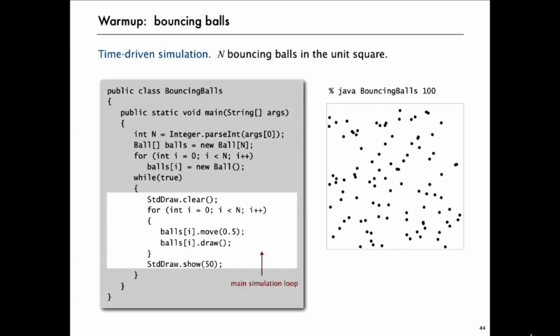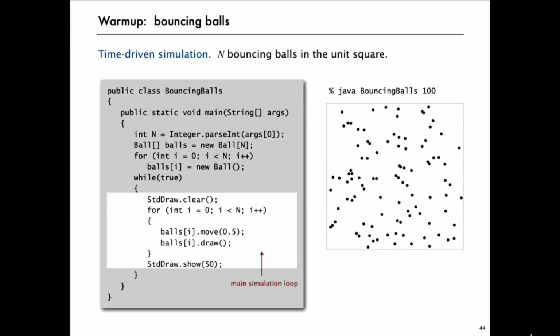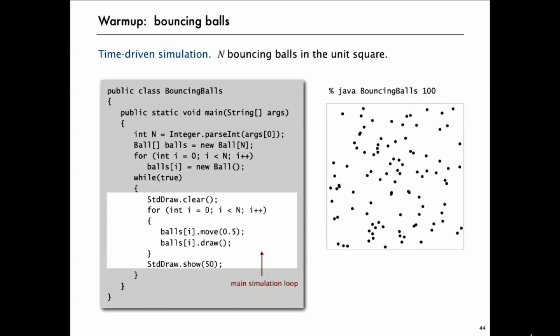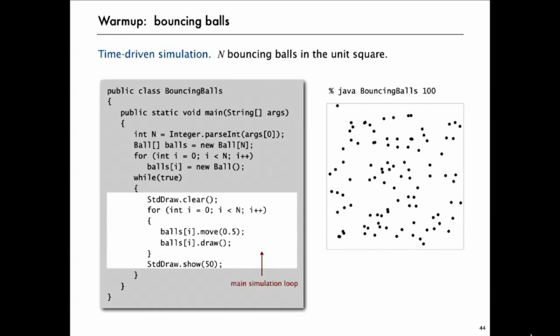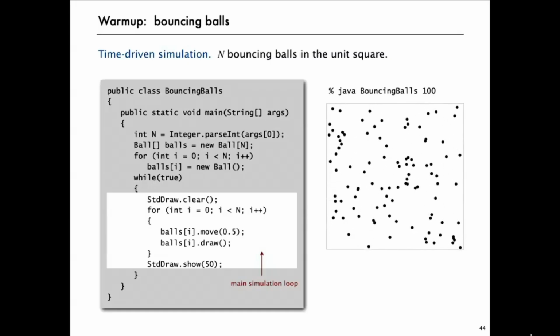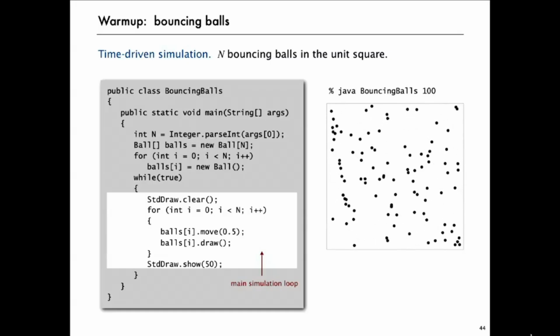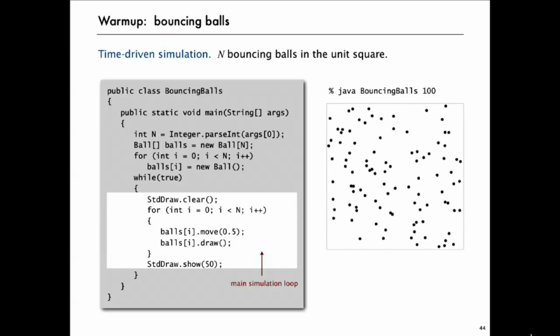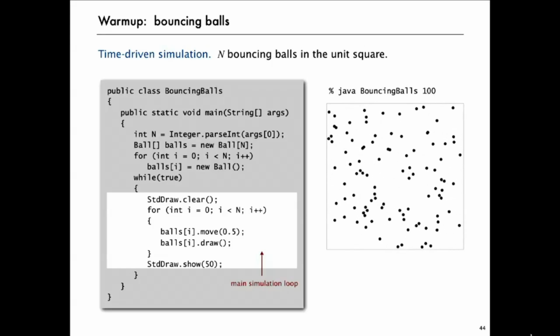We make a bunch of them, and then we have a while loop: every 50 milliseconds, clear the whole drawing, move the balls a little bit, and then draw them in their current position.